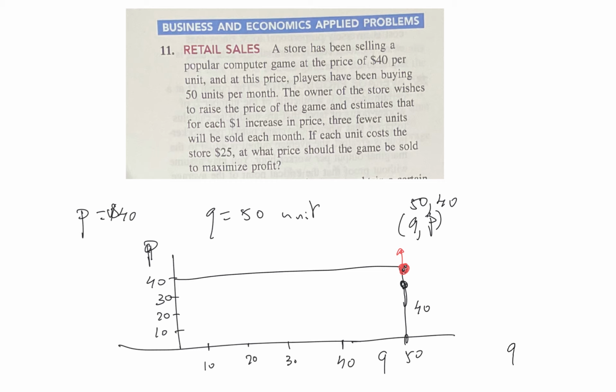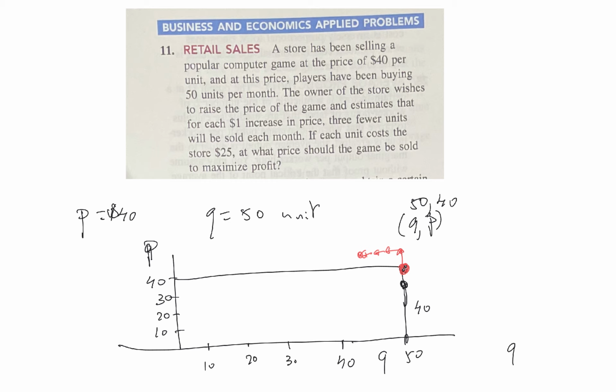So you increase $1, the quantity will decrease by 3 units, 1, 2, and 3 units. Let me read it again. The owner of the store wished to raise the price of the game, estimating that for each $1 increase, the quantity will decrease by 3 units.